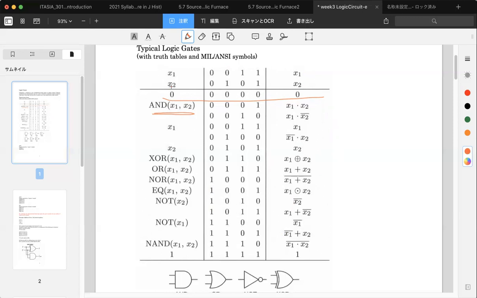The only situation when x1 and x2 would be true is when both x1 and x2 are true. So in this column, x1 and x2 are both 1 and the output will be 1. The output is 1 only means that it's true according to these logic gates.